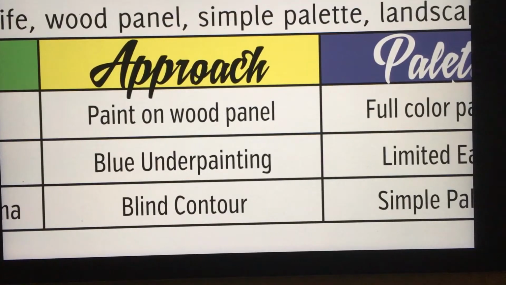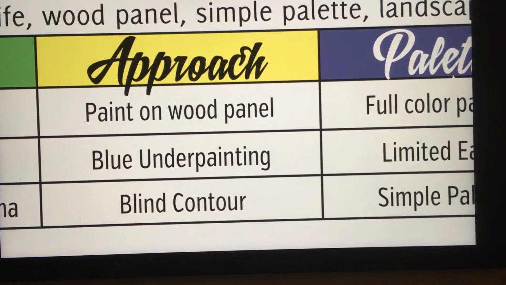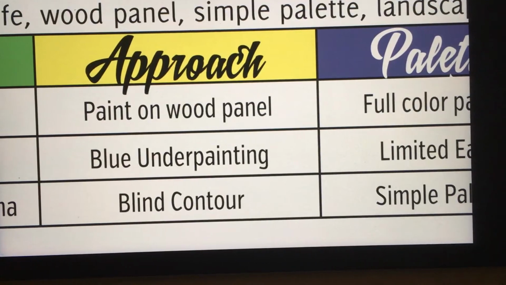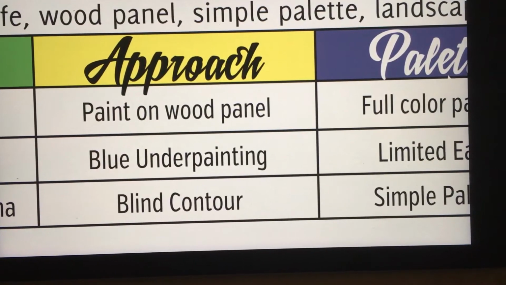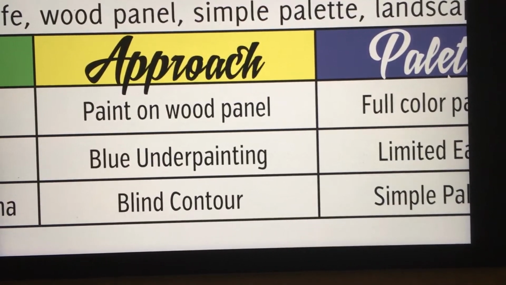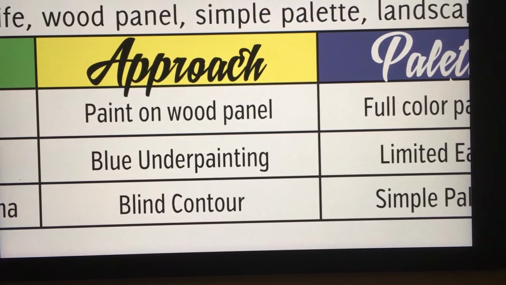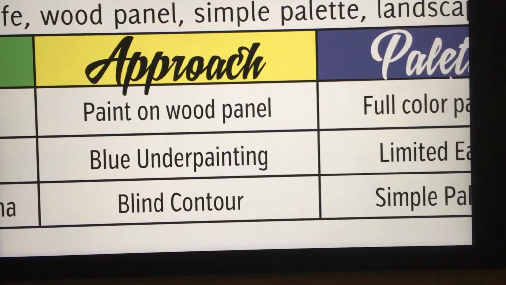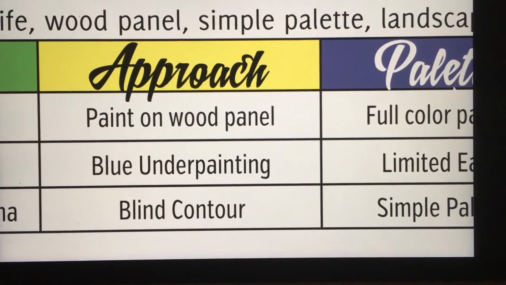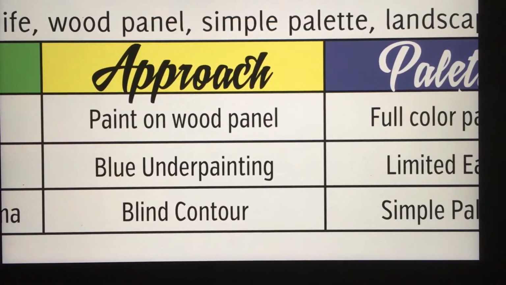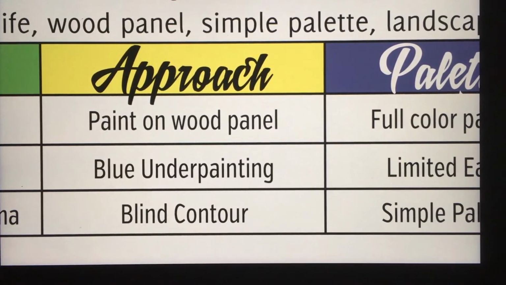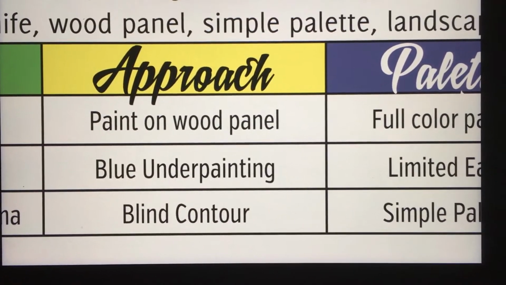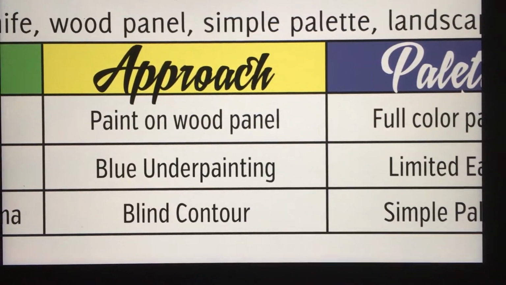Here for the approaches, paint on a wood panel. So that's one thing that's a little bit different. So like a gesso board or masonite, or even, I often like to try and paint on top of plywood. So that all works. A blue underpainting just means that you're starting out, maybe making a drawing with blue underneath and maybe putting in the shadows first.